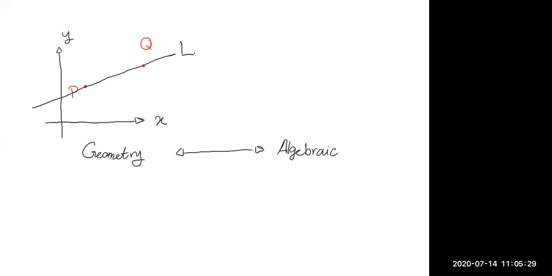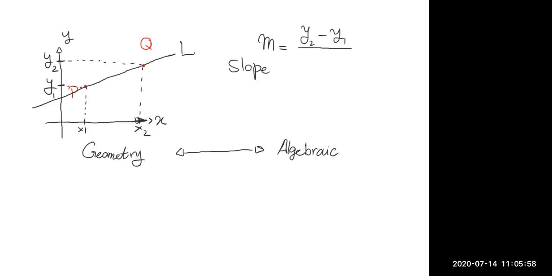So if this point P has coordinates x1 and y1, and this point Q has coordinates x2 and y2, we define m, the slope of this line, to be y2 minus y1 over x2 minus x1.